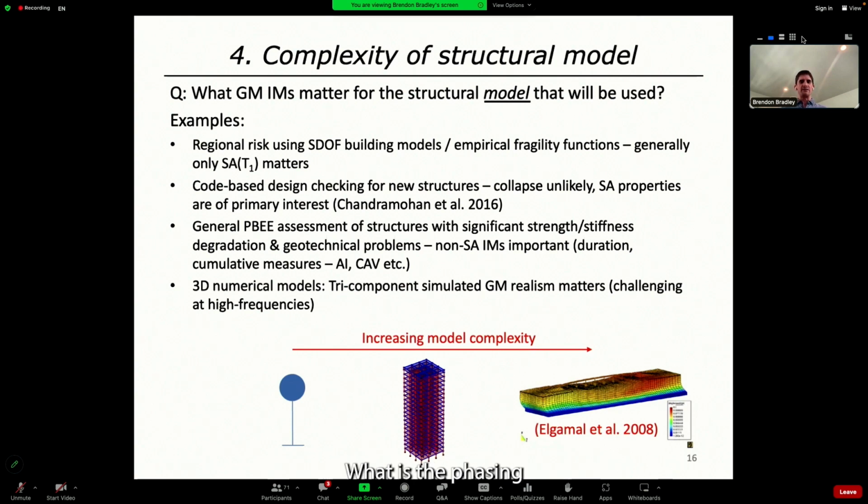So what is the phasing and relative amplitudes of those two horizontal components, as well as, to a lesser extent, the vertical component? That's particularly challenging at high frequencies, particularly if we're using hybrid ground motion simulation methods where the so-called high frequency, or sometimes stochastic, method has no notion of coherency in the two different horizontal components.